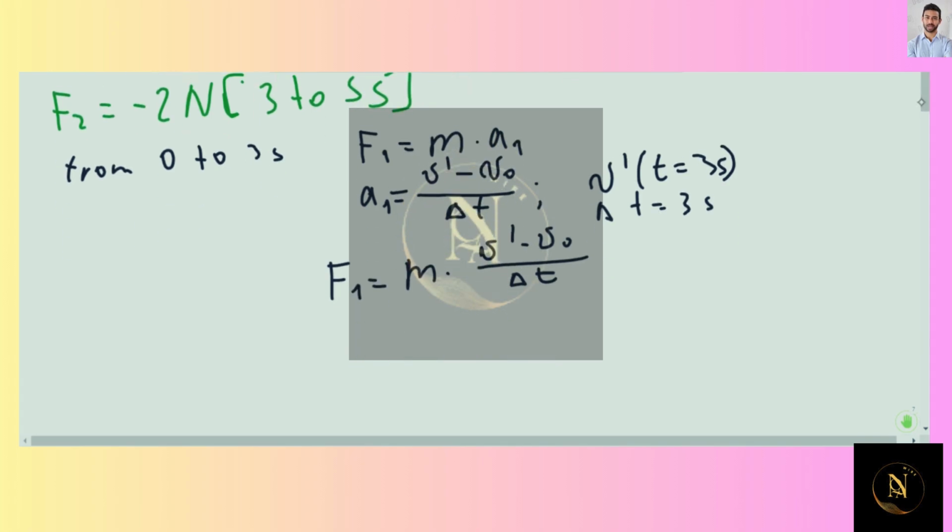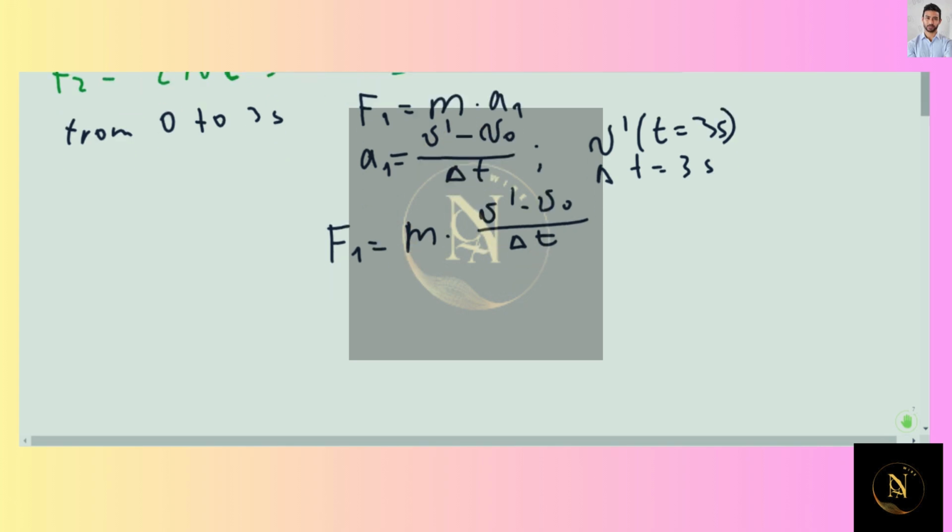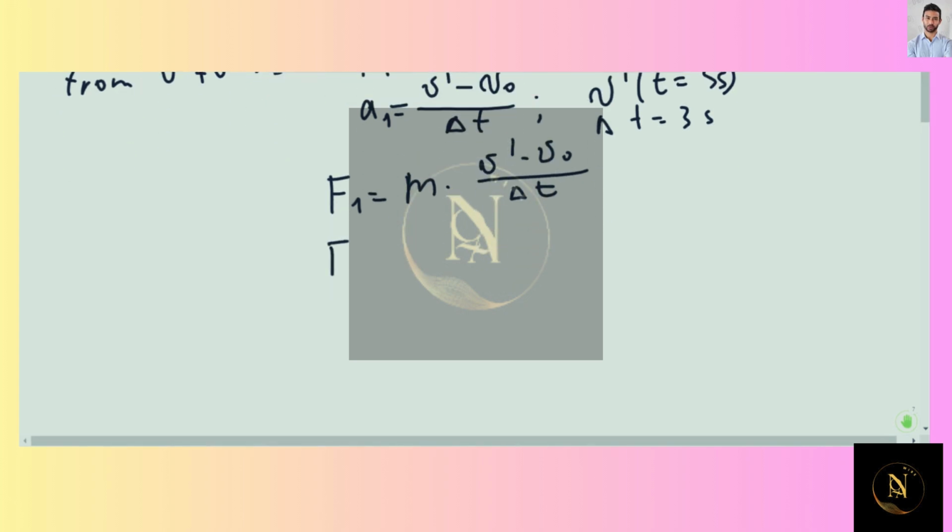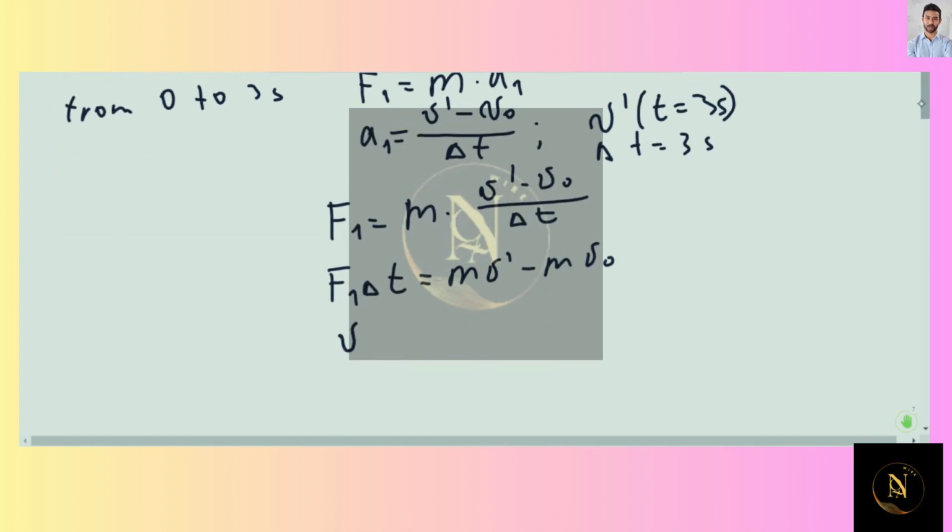Now let's simplify this expression and calculate the speed at the end of this impulse, v prime.